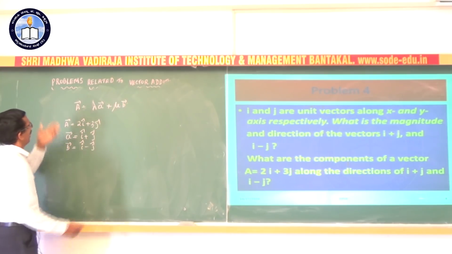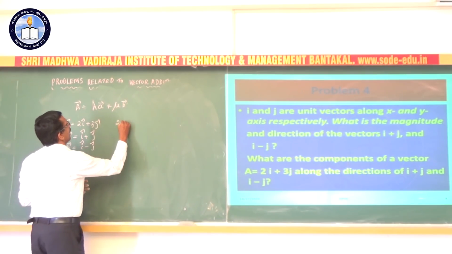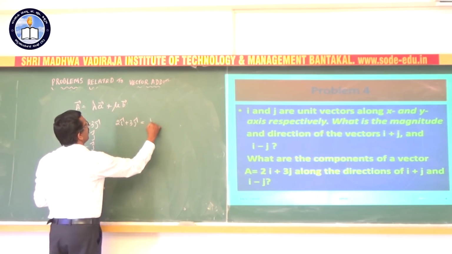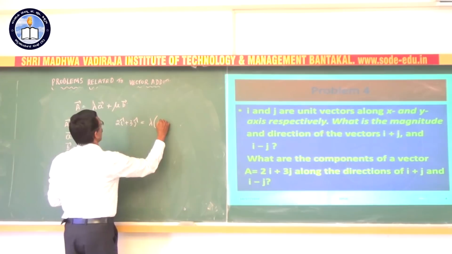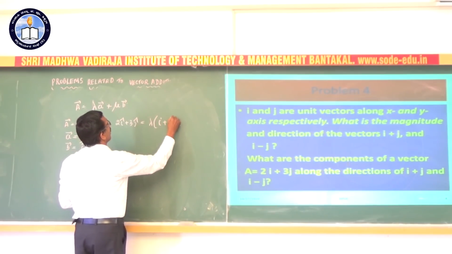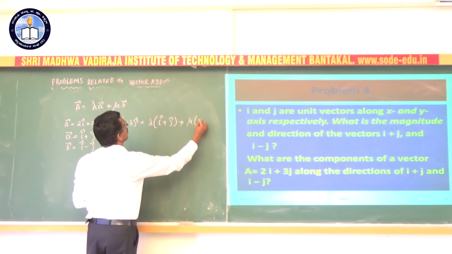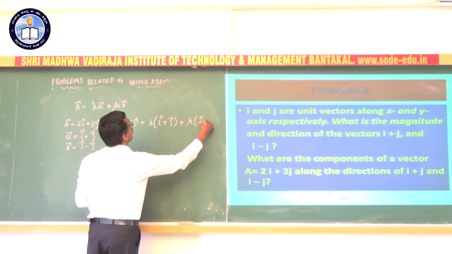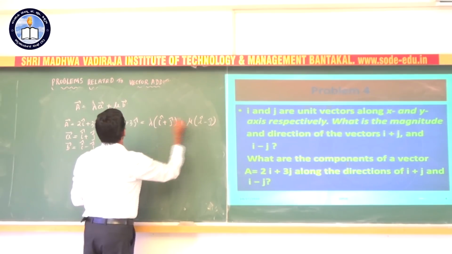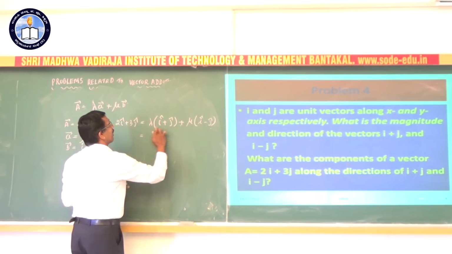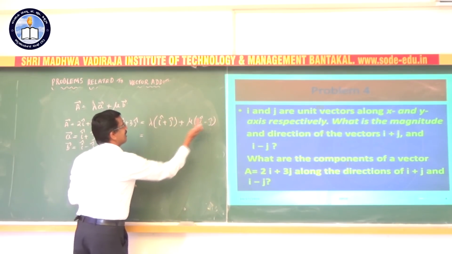Use the same definition. 2i plus 3j is equal to lambda times i plus j plus mu times i minus j. I am separating the i component and j component.